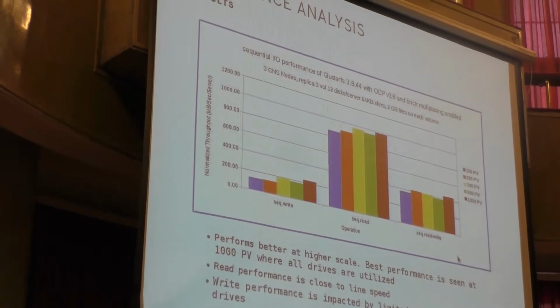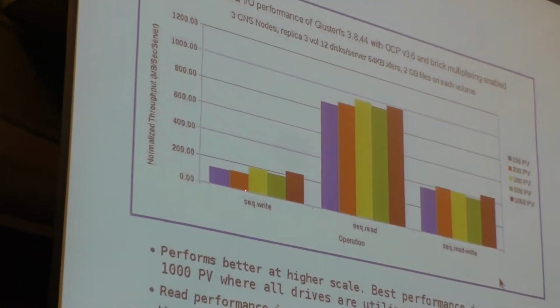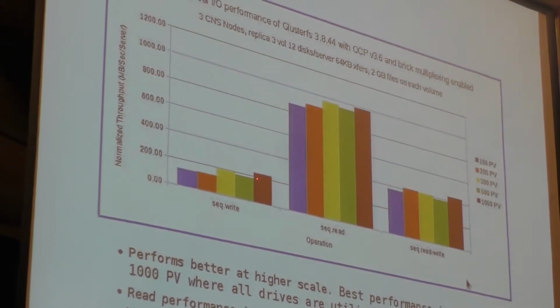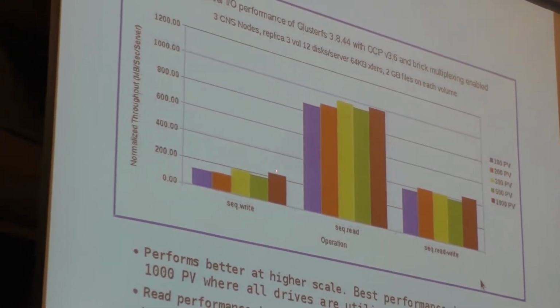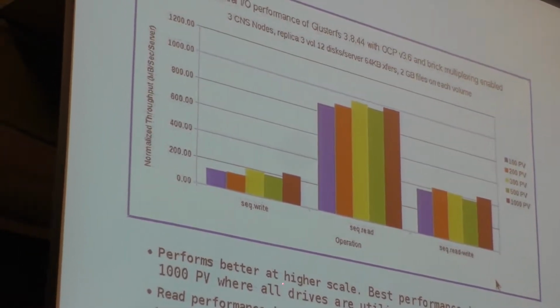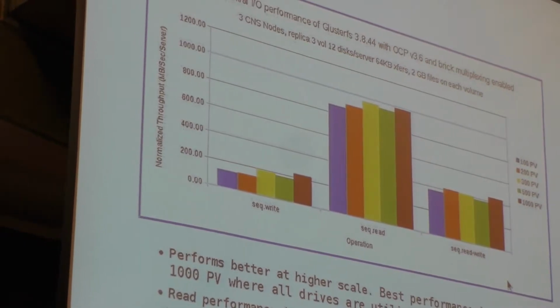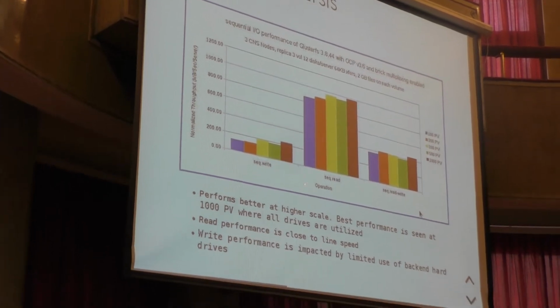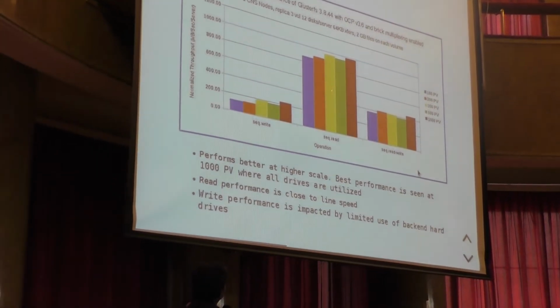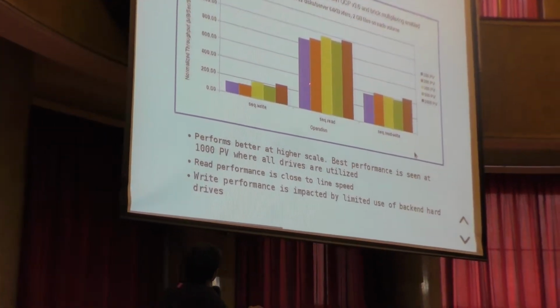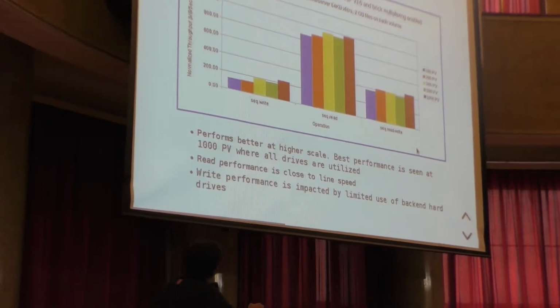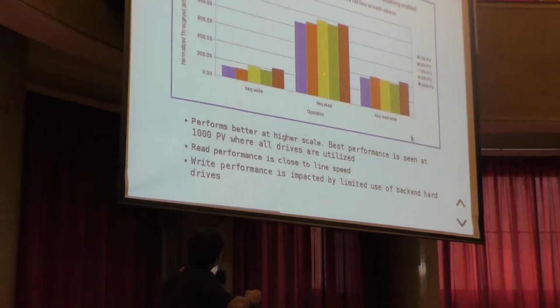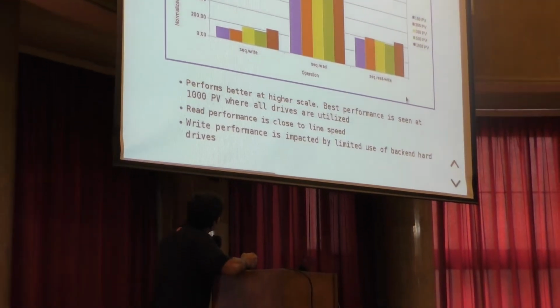So this is what limited the performance here, but this improved drastically when we moved to 1000 because more bricks, or hard drives, were being used in the backend, and that resulted in better performance. Whereas for reads, we saw performance close to line speed, and read-write performance was in between these two, which was as expected.